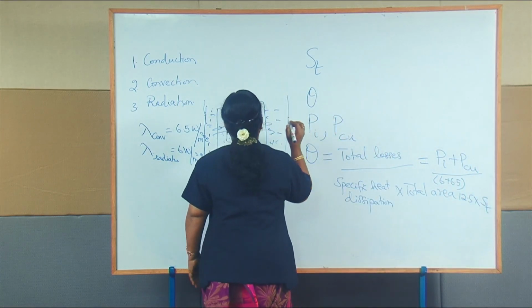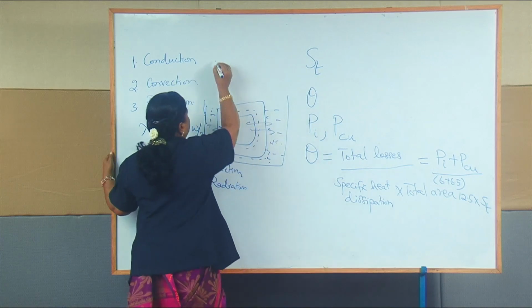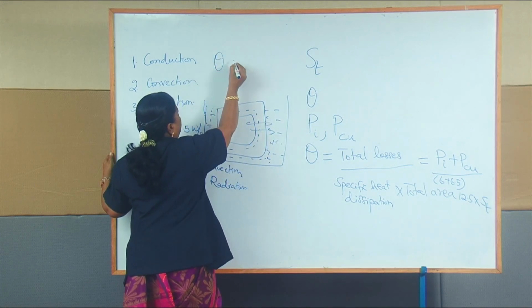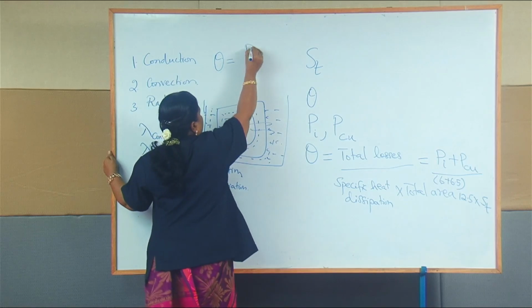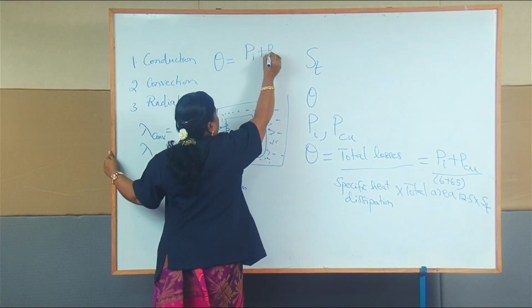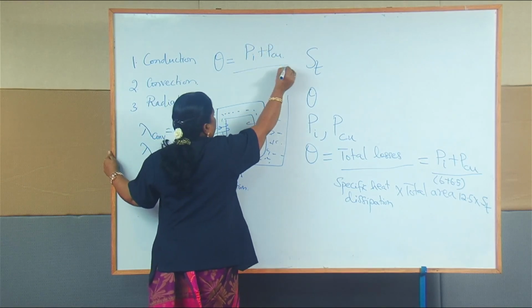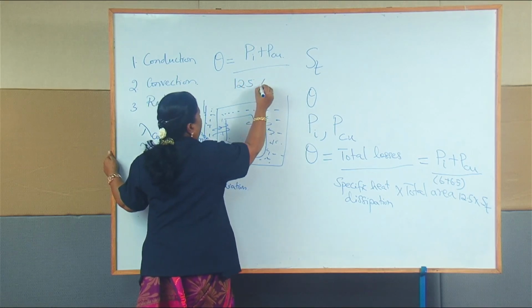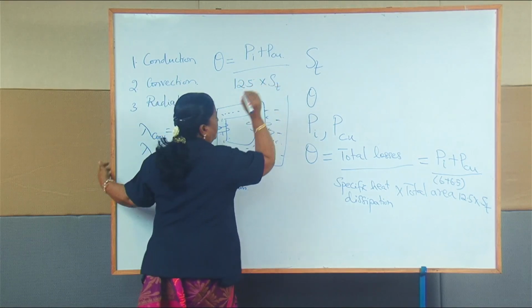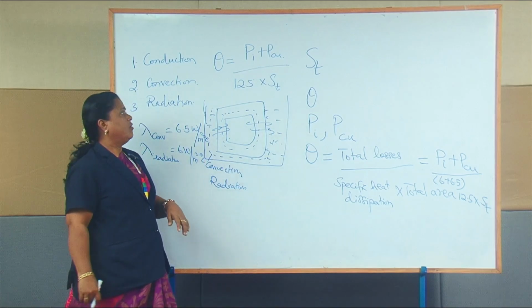So, now the temperature rise of a transformer can be expressed as (Pi + Pcu) divided by (12.5 × St). Okay.